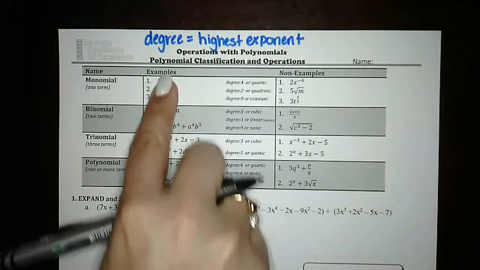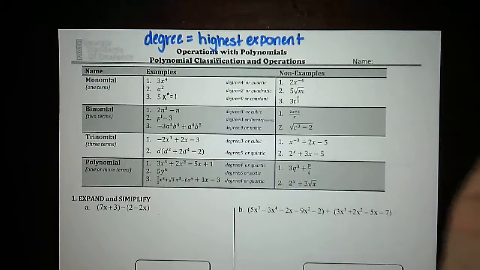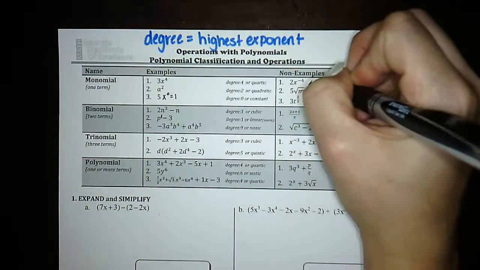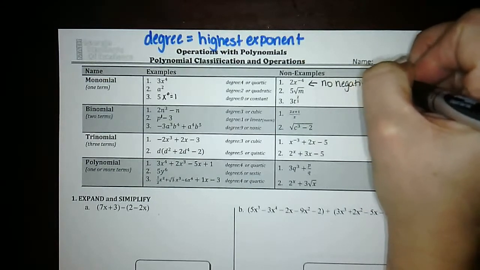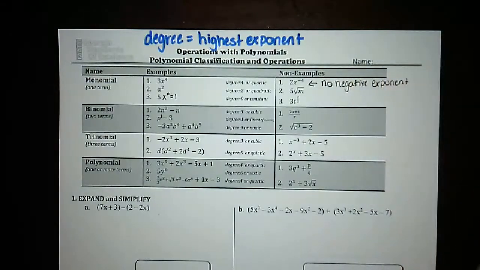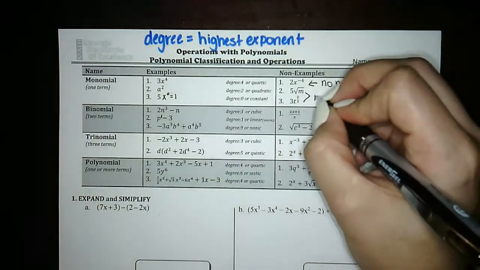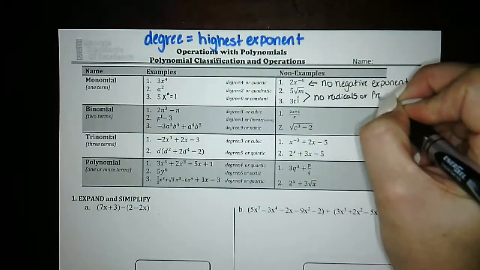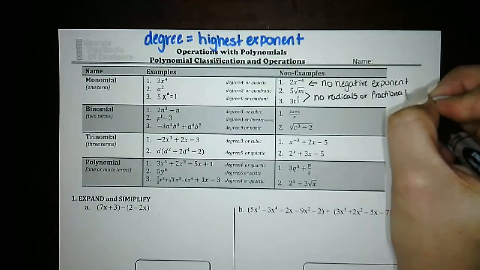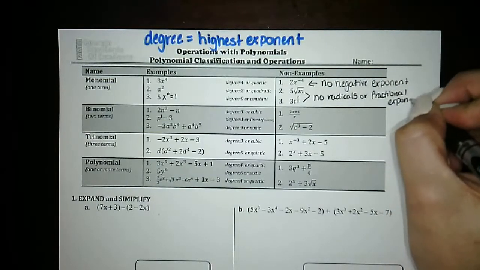So these are all examples of polynomials. Note you cannot have a negative exponent. No radicals or fractional exponents.